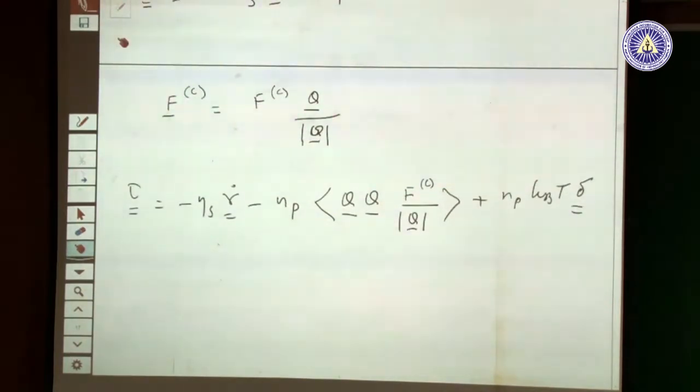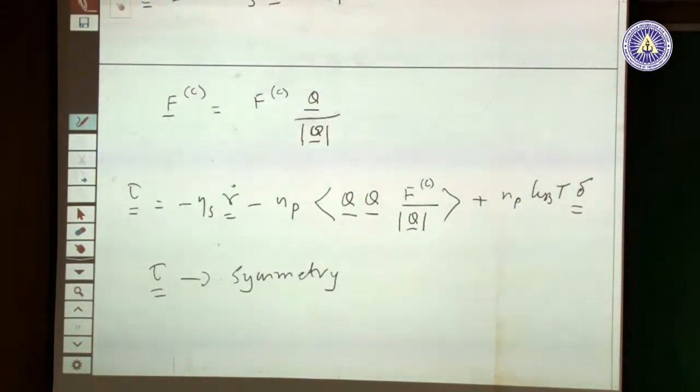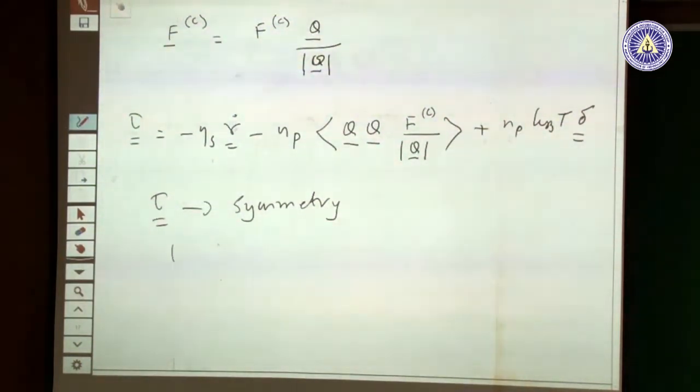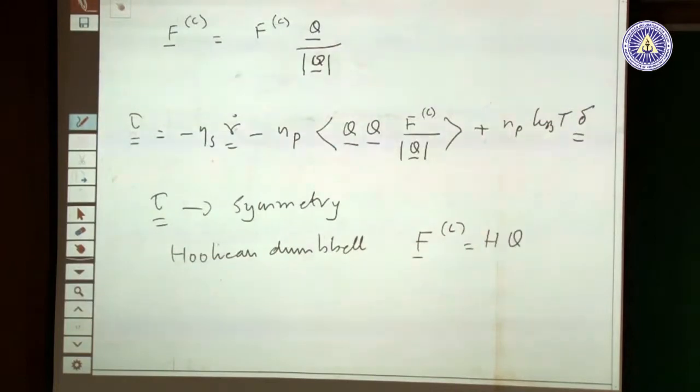So what does this tell us about the tensor tau, this form? That it is symmetric. You see, because gamma dot is a symmetric tensor and q q is symmetric, this implies that tau is symmetric. So this kinetic theory automatically gives you a symmetric stress tensor. And if we have a Hookean dumbbell, then we saw that Fc was just H times q.